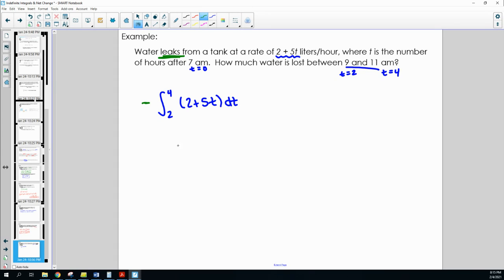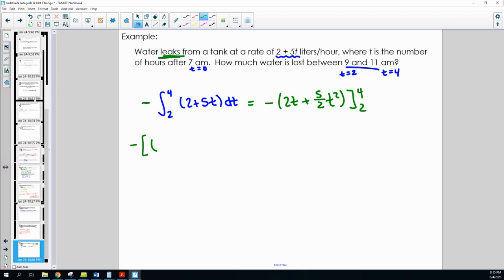So now I'm going to take the antiderivative. So I'm going to keep this negative in front. And I'm going to get 2t plus 5 halves t squared. And I'm evaluating that from 2 to 4. Okay, so I have that negative on the outside. Put that here.